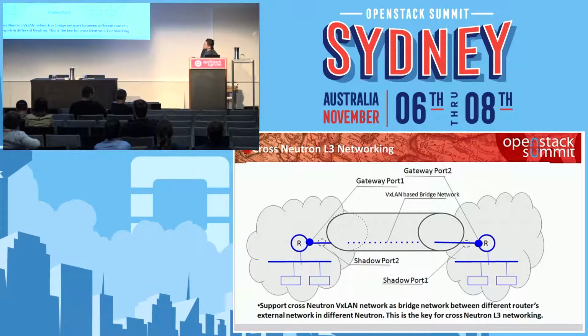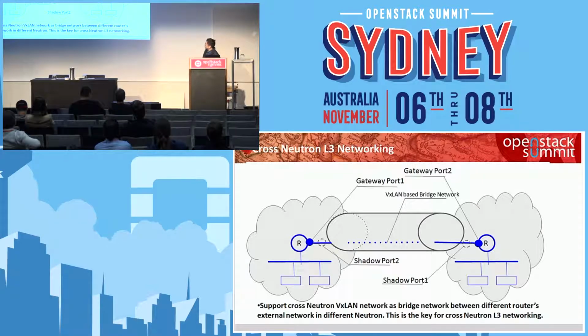And for layer 3 networking, we use the shadow agent and the shadow port to create a bridge network for different routers in different Neutrons. So different routers can be interconnected through the VXLAN-based network.